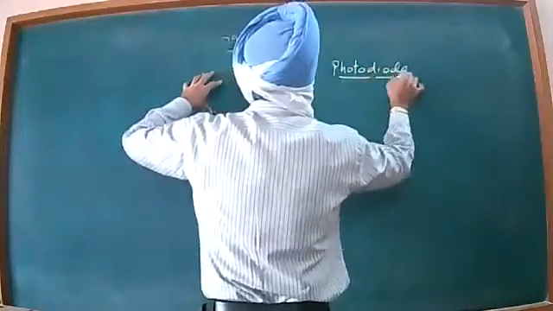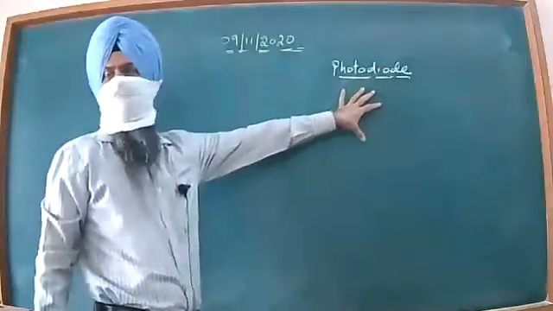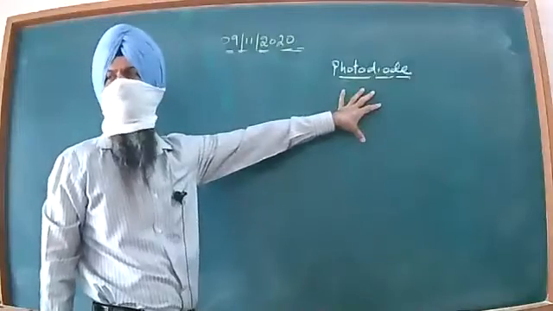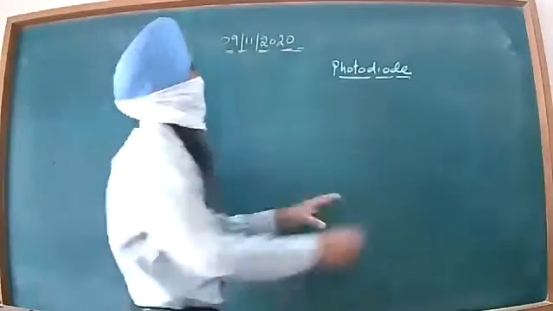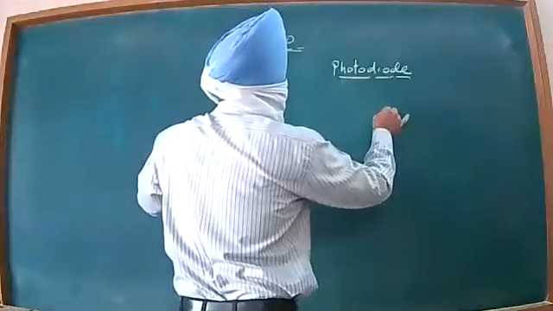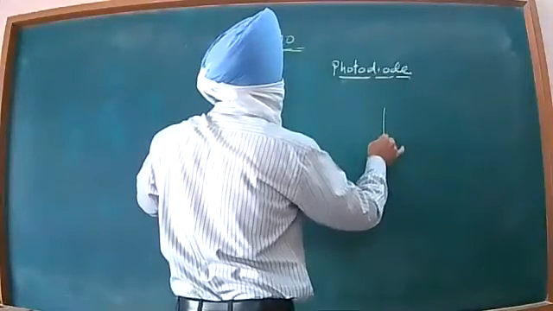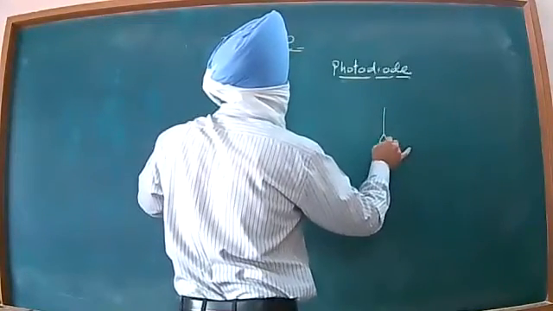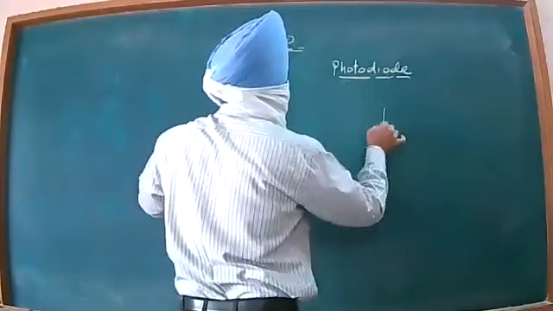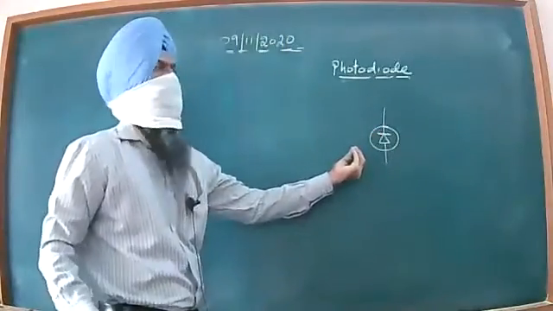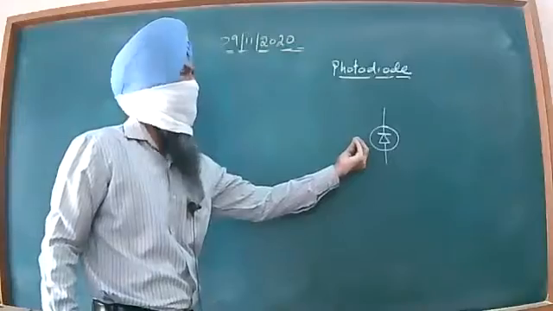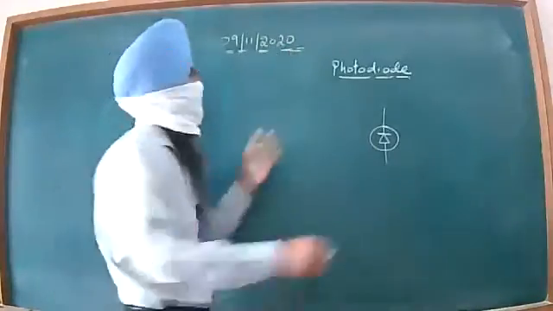Photodiode, beta, as the name suggests, must be working on the principle of the photoelectric effect, beta. And here, the symbol for this photodiode: this is your ordinary PN junction diode. Clear? If it is to be drawn as an LED, the arrow is in the outward direction.